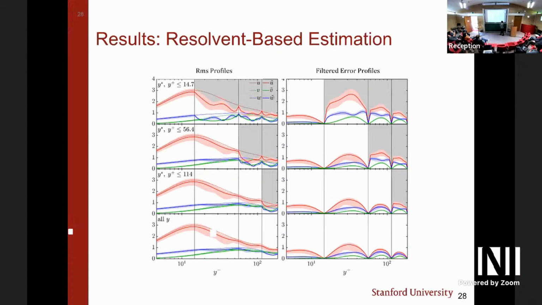One more thing to tell you is that we're going to look at sensor planes as shown by these vertical lines, and if this is shaded in gray, it means that we were not using those higher readings. So this one is we only have information up to 14 in Y+, here only up to 56, here only up to 100. But we only use this number of planes.